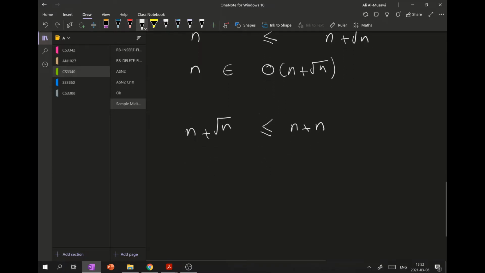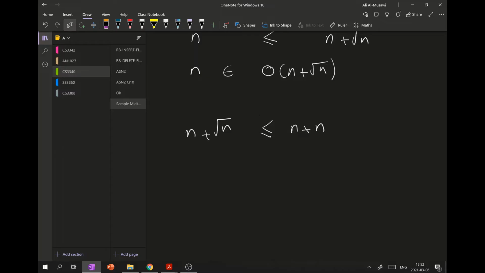If we consider 4, for example, the root of 4 is equal to 2, so you can see 4 shrunk to 2. Root 16 becomes 4, and so on. So obviously, when you remove the square root, this thing is bigger. This holds for all n greater or equal to 1.